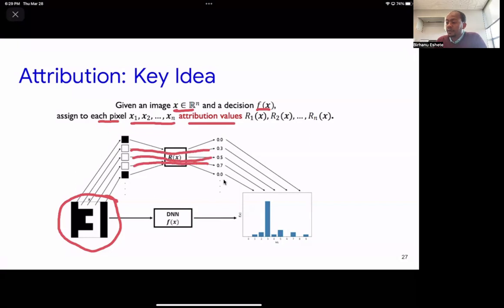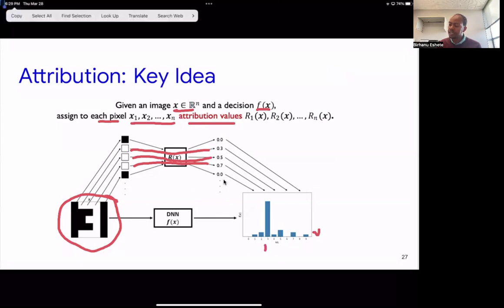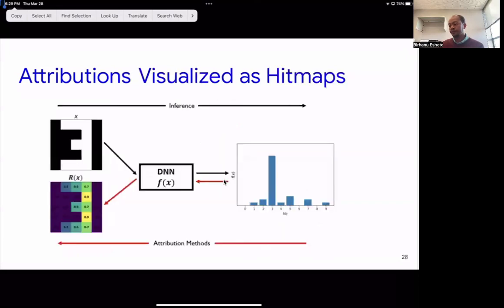And the black pixels have lower attribution values, oftentimes close to 0. And you can also do a histogram. Sorry, this is actually the prediction output f of x. That shows a histogram score of probability distributions and showing number 3 being the maximum. Okay, so that is the key idea behind attribution.